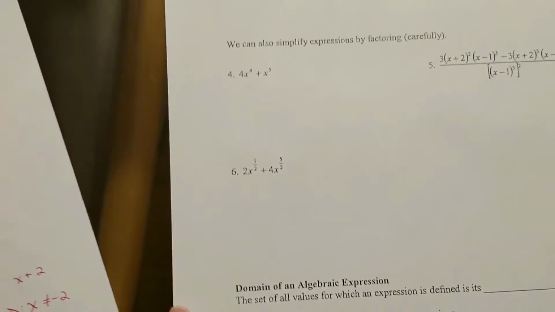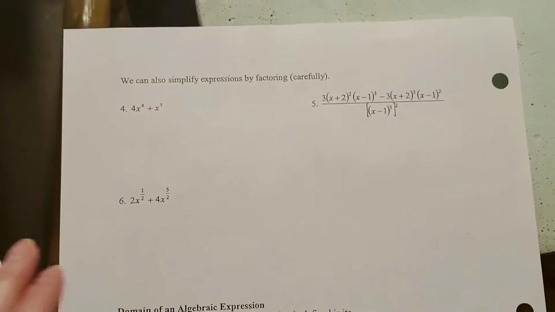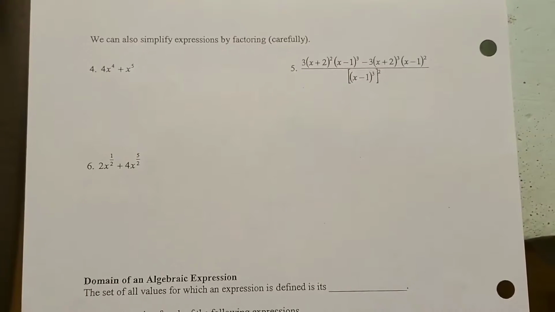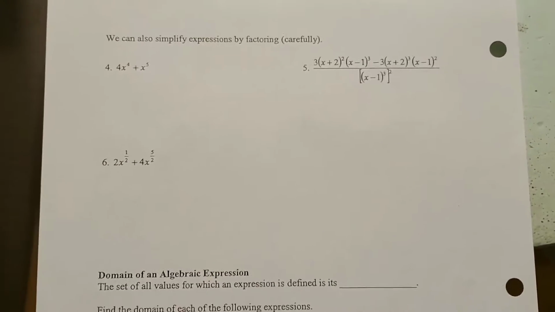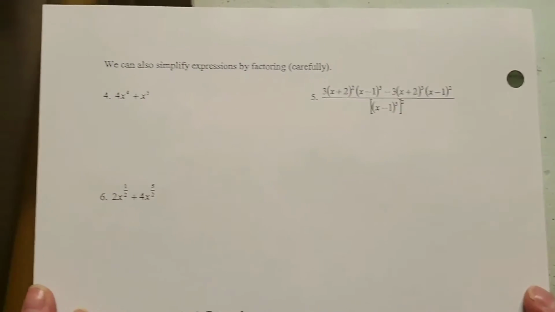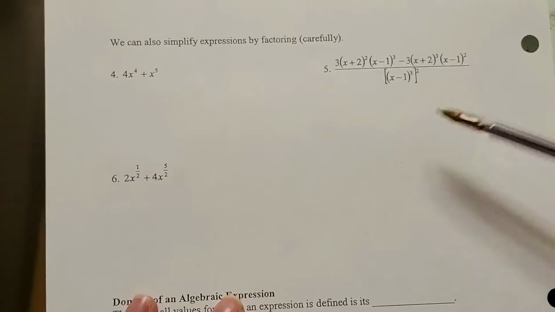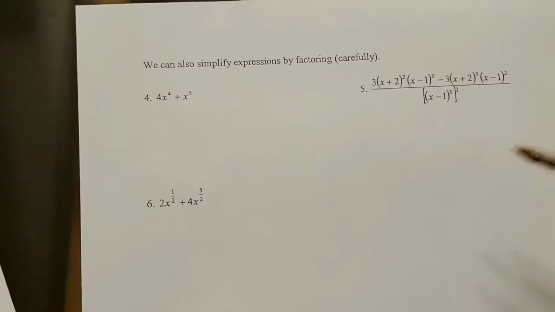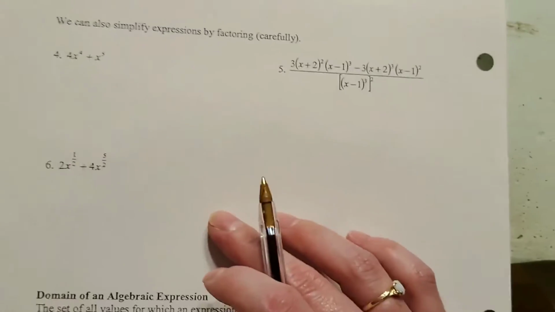Now, let's go to the back side and look at your radical expressions here. All of them are expressions that we need to simplify by factoring, and they're all involving exponents or powers. So I think one of the most important things that we need to remember, especially when we get to something that looks like number 5, where there's a whole lot of parentheses and everything, is your terms, which is what you have to look at when you are trying to simplify.